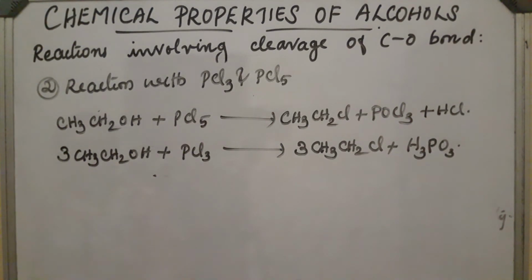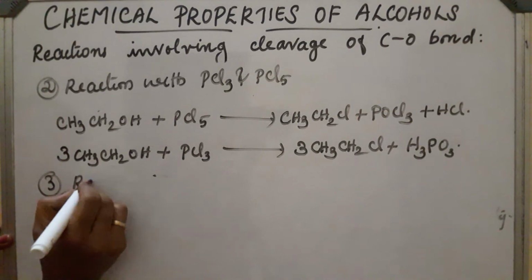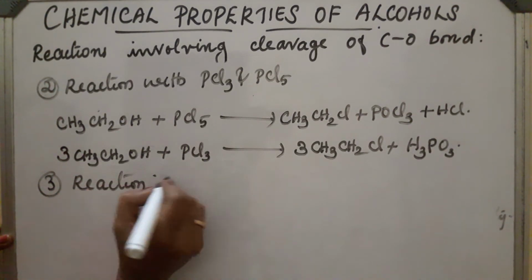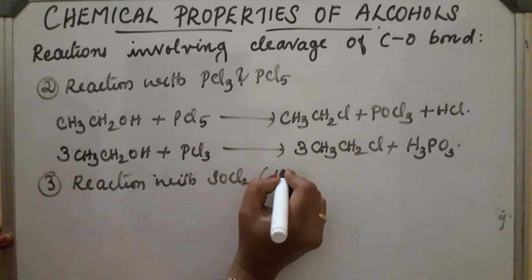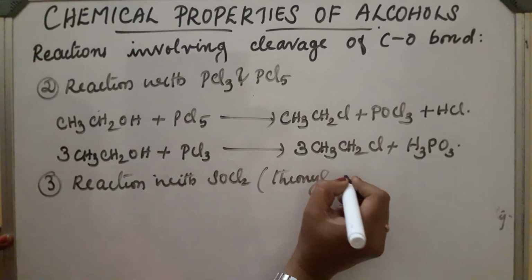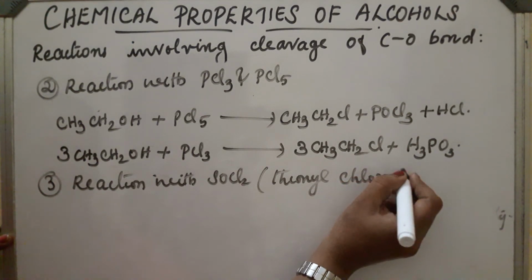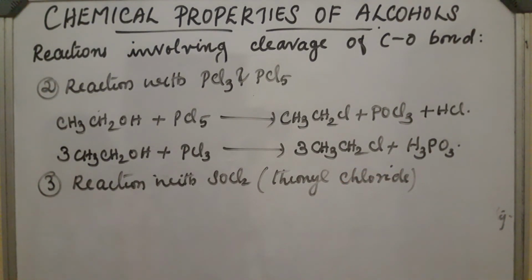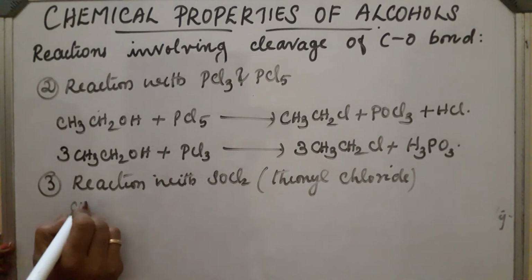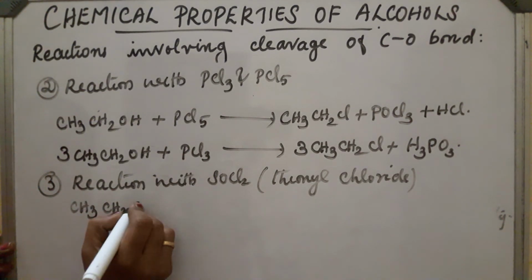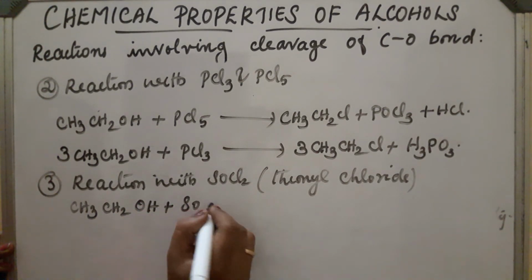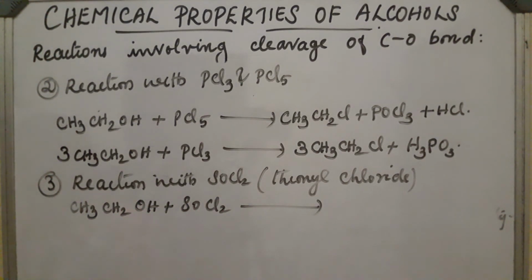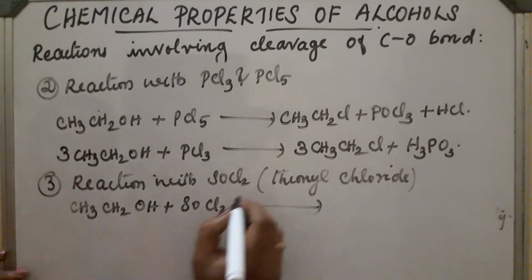This is the second reaction, and the third reaction is the reaction with SOCl2, called thionyl chloride. What will happen? CH3CH2OH, an alcohol, on reaction with thionyl chloride takes place in the presence of pyridine.